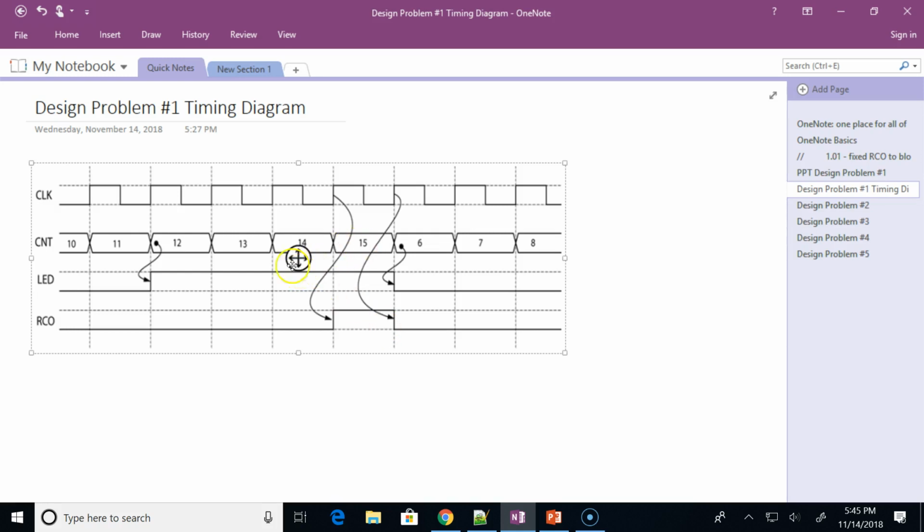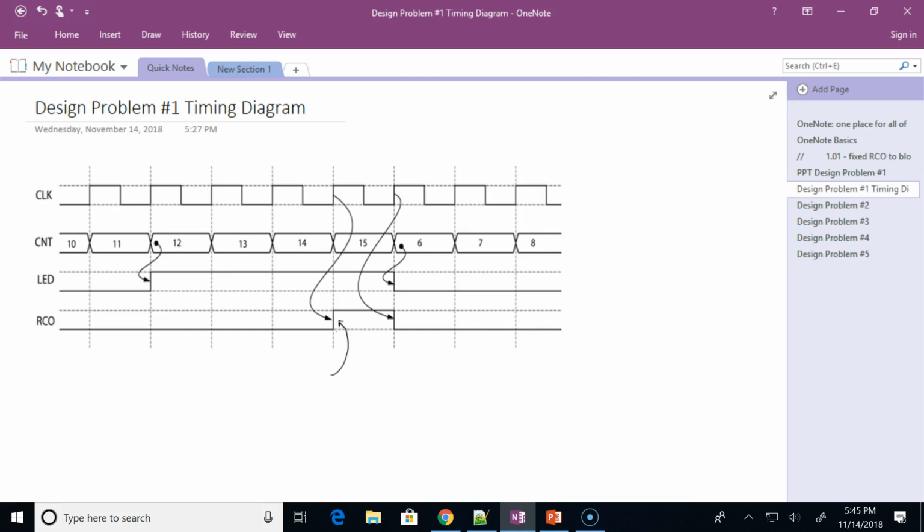You can see that the counter is counting up, 12, 13, 14, 15. When it hits 15, the RCO turns on. What that is going to do is, sometime right after that edge, that RCO is going to turn on. That RCO is connected to the load input, and so the load input is now going to be asserted.